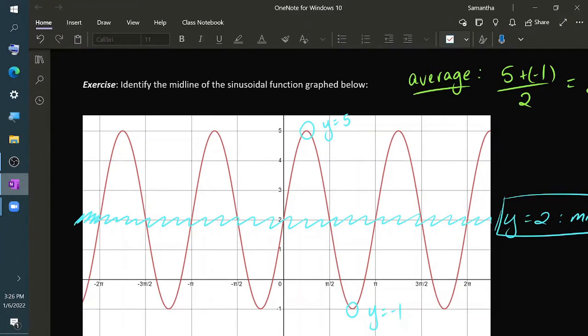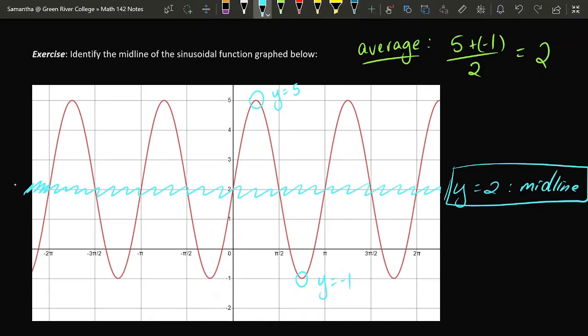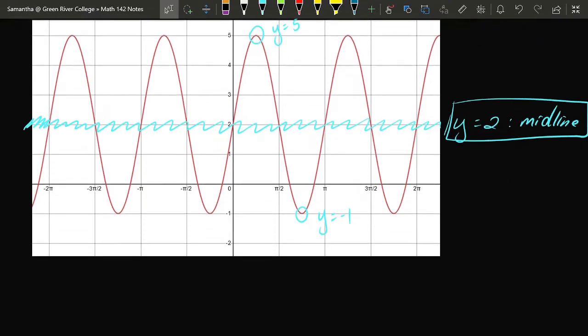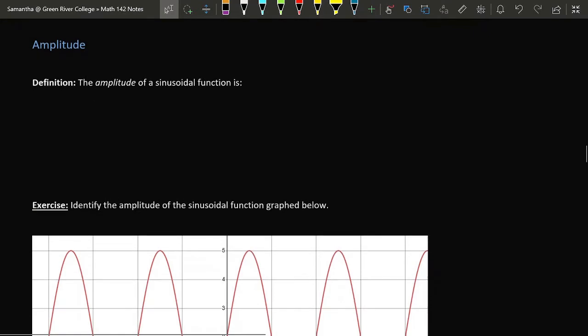So midline, when we're trying to get a mathematical wave to match a real-world wave, one of the things that we try and get to be exactly the same is the midline, to get the average value of the mathematical model to be the same as the average value of the real-world quantity. The second feature that we try and match when we're working with waves is something called the amplitude of the wave.